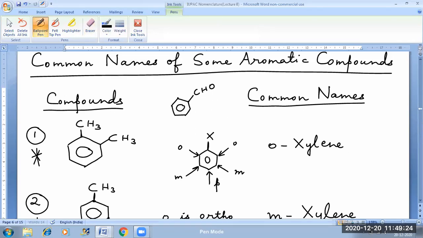Similarly, if I write some atom here, now also I can see that bromine is attached at the ortho position of benzaldehyde, because now also the carbon atoms are adjacent.